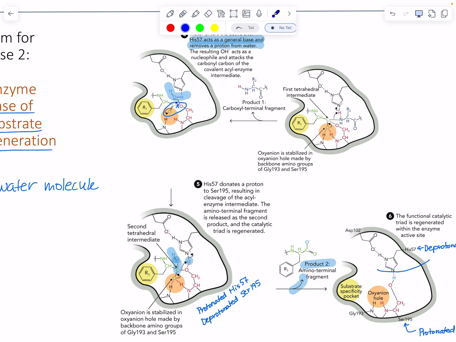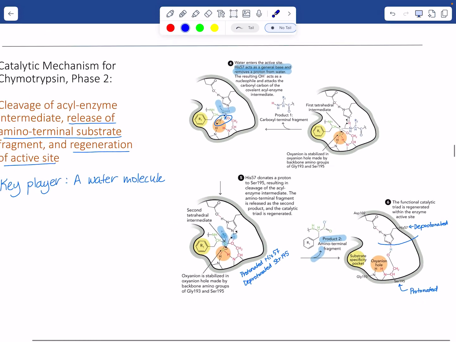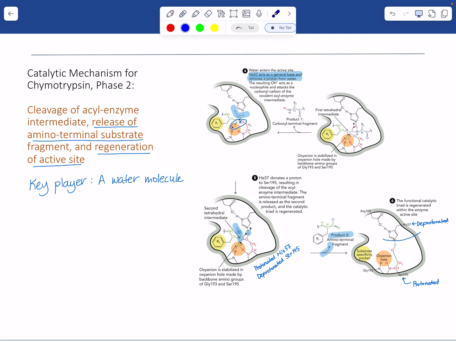But they do not act on the same substrate. And so let's take a minute to talk about this thing right here called the substrate specificity pocket. This is going to be the portion of the active site that differs between different serine proteases.